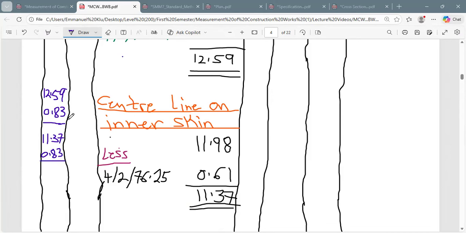So at the end of the day, you see what we are getting. We are going to get 10.45. And here we are going to get 9.44. So at the end of the day, if you add all, you should be getting 19.89. Yes.